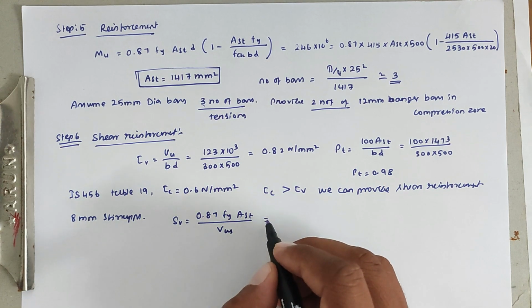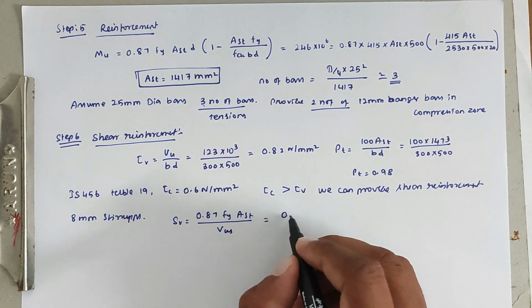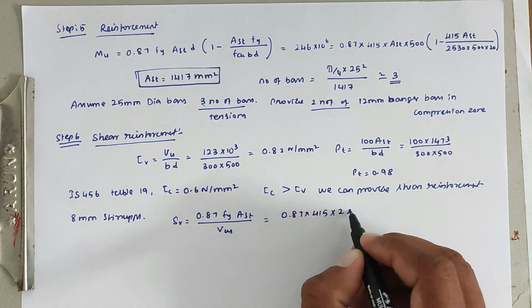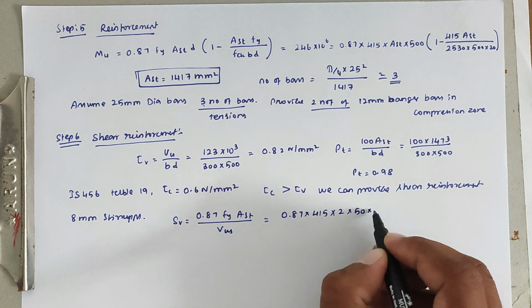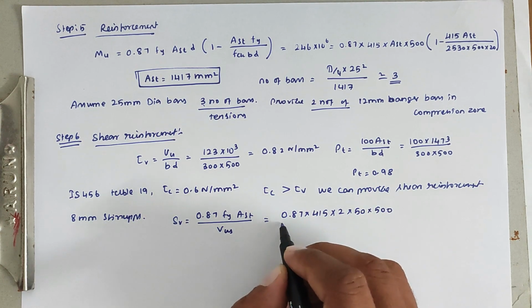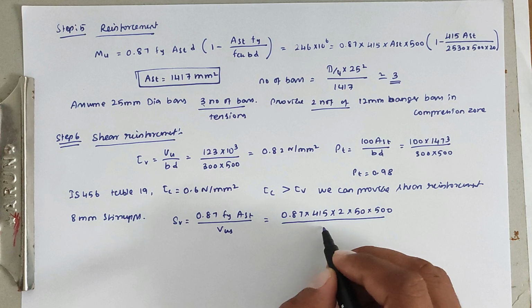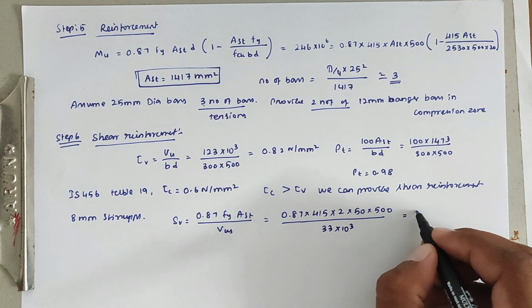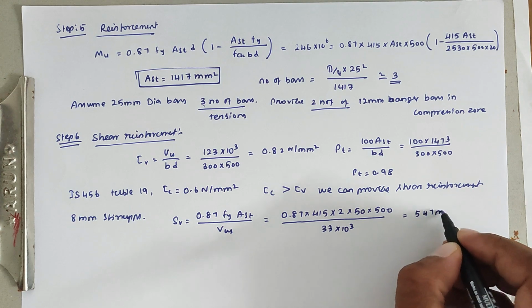So 0.87 into 415 into 2 into 50 into 500, divided by 33 into 10 power 3. Now we got the value of 547 mm.